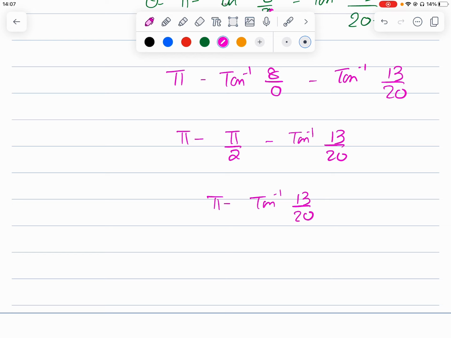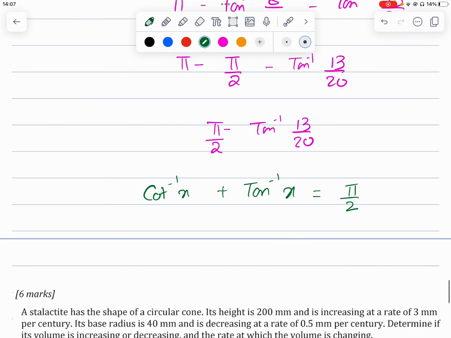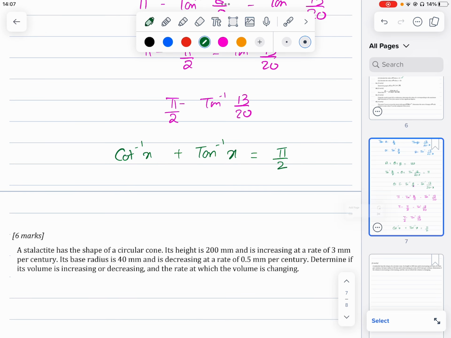Now, what is this one? We should know one simple formula: tan inverse x plus cot inverse x equals pi by 2, for the same angle.